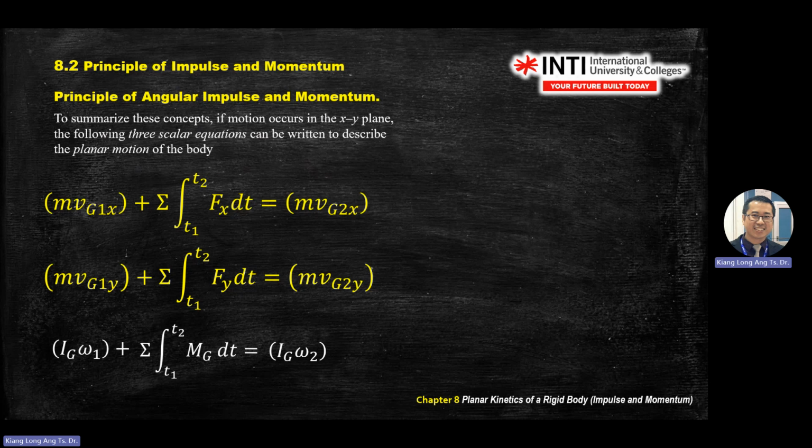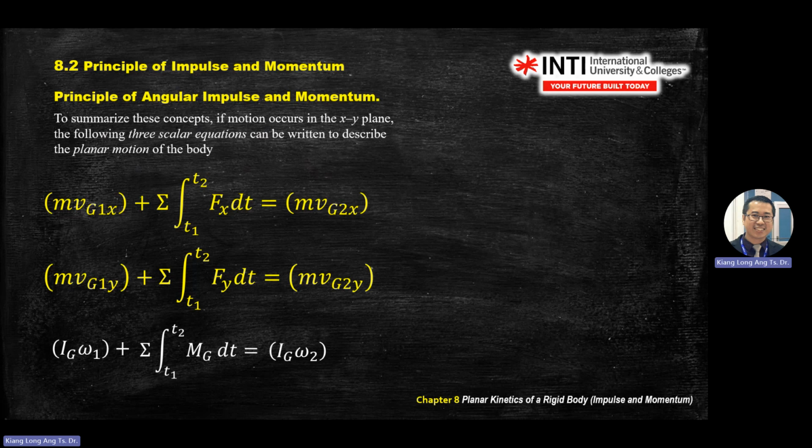To summarize the principle of angular impulse and momentum, you always apply these three equations. mv plus F times time equal to mv. These two are linear impulse and momentum, because they move in a straight line, in the x and y direction.